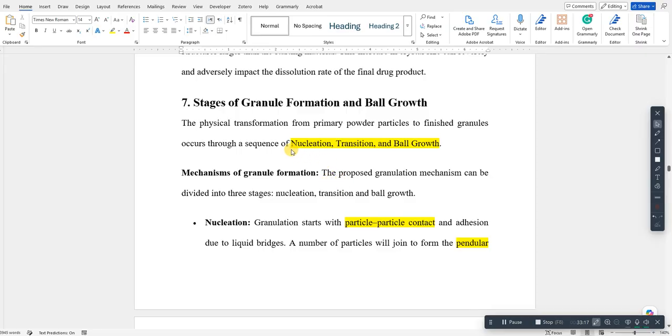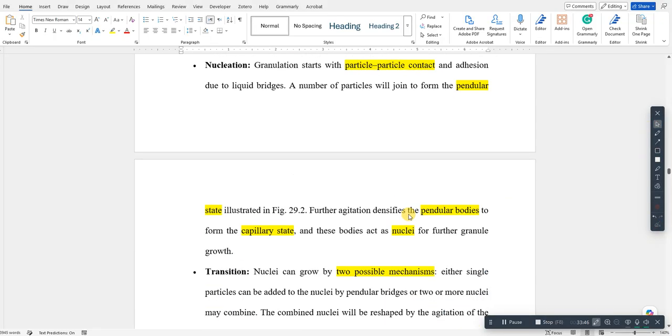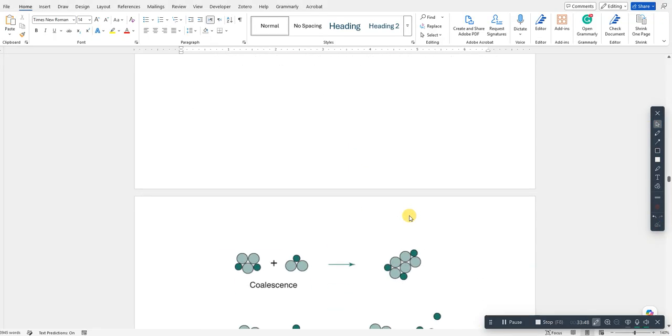How does the granule form and grow? There are 3 stages. We have the nucleation, where you have a few particles stuck to each other. You have transition, when the nuclei grow larger, and you have the ball growth when it becomes much bigger. So let's talk about these stages.